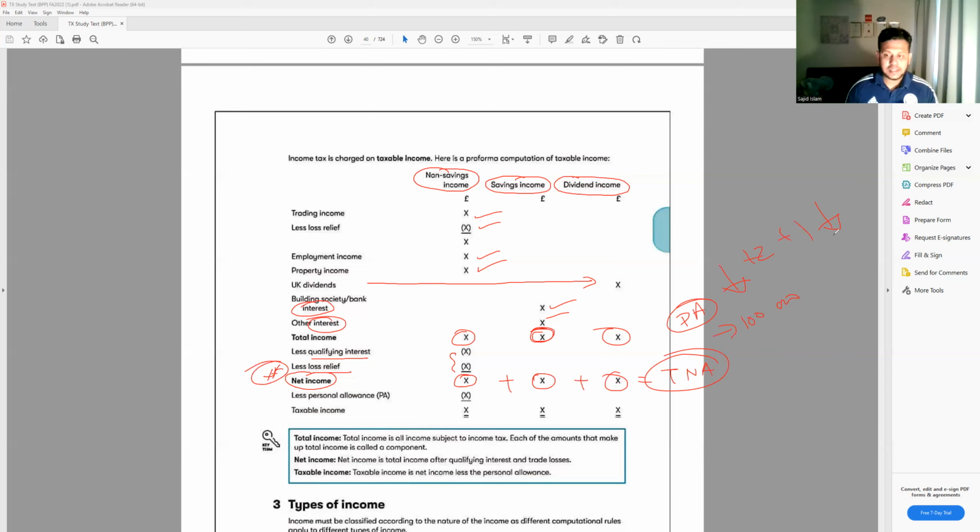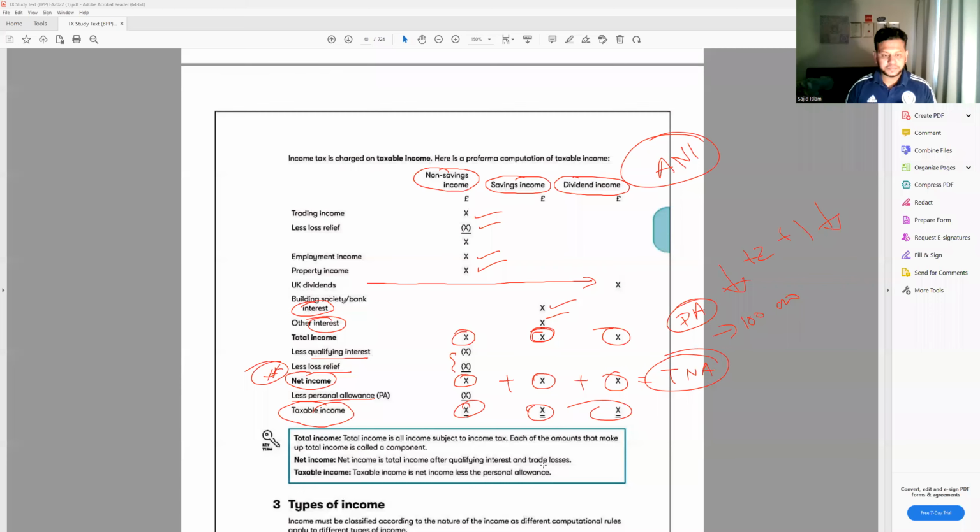There is another thing called ANI, adjusted net income, that will have an impact on the personal allowance because of the gift aid donation or for the charity. I'm going to show it later on, but you have to remember every single time. Then we minus the personal allowance from the net income, and that gives us the taxable income. And in this taxable income, we're going to calculate the tax based on the different levels of rate. So this is the first template that has to be in our head.